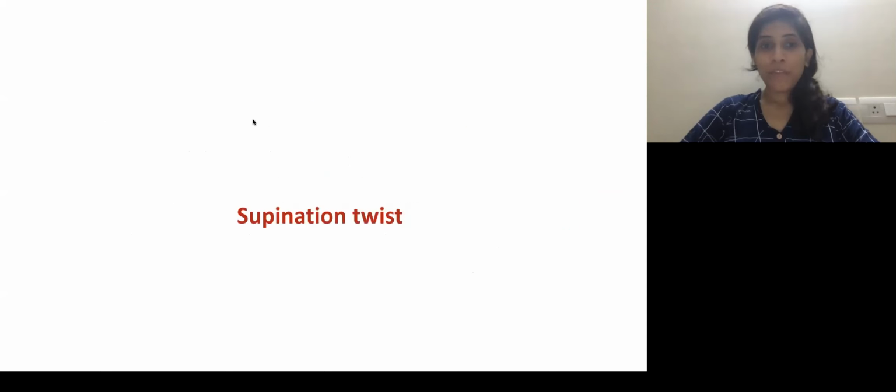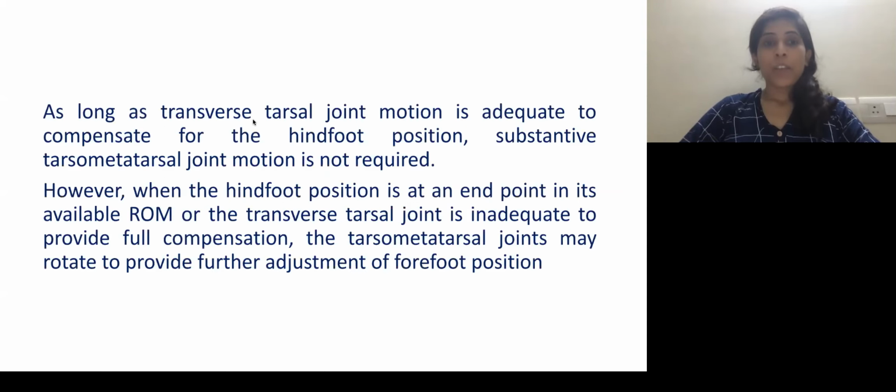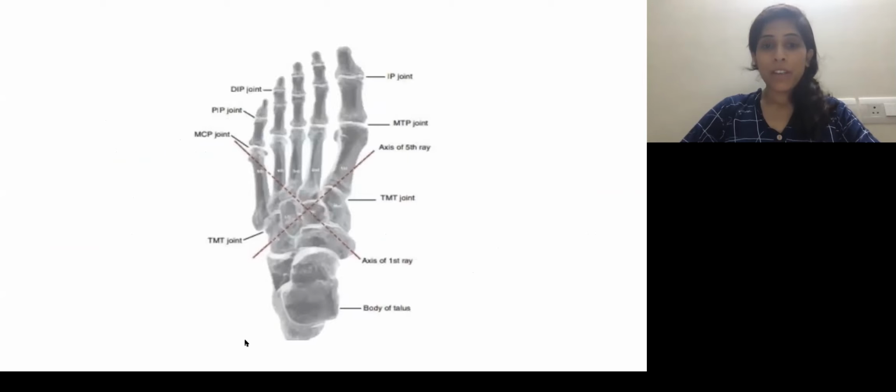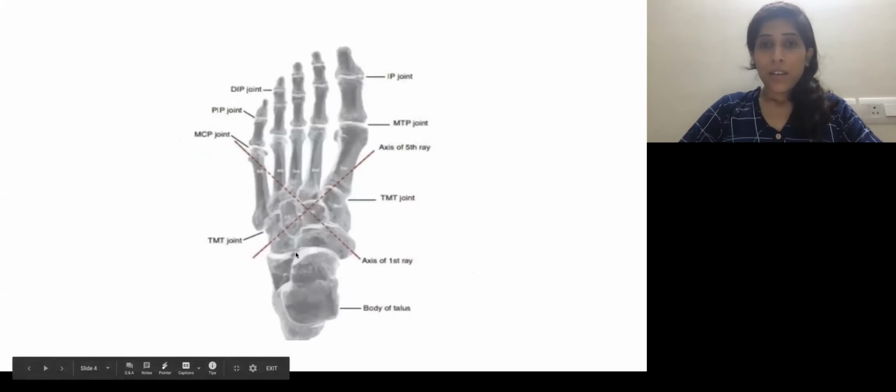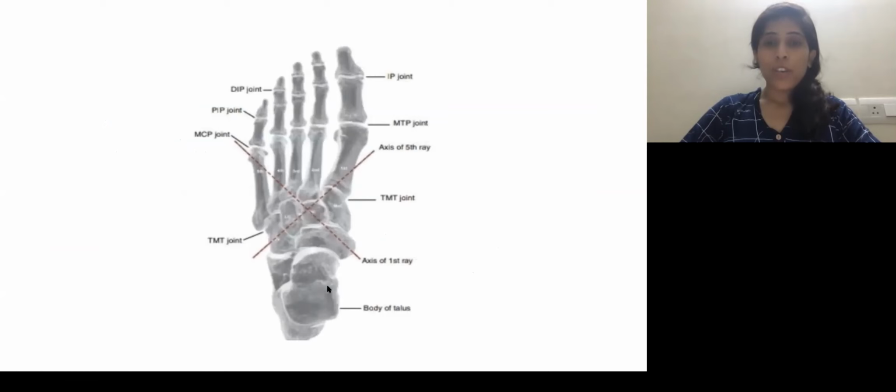So, in brief, I'll tell again. Normally, whenever the hindfoot goes into pronation or supination, the transverse tarsal joint will compensate the position of the foot and help us maintain the foot on the ground.